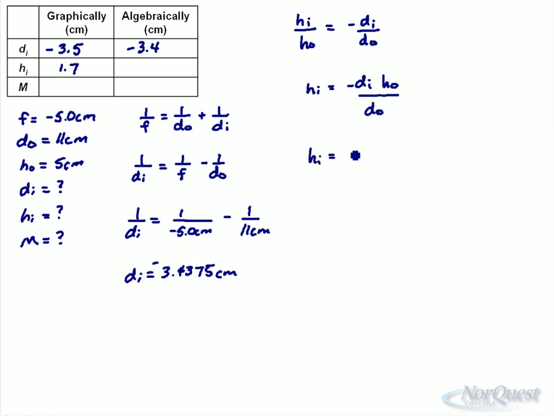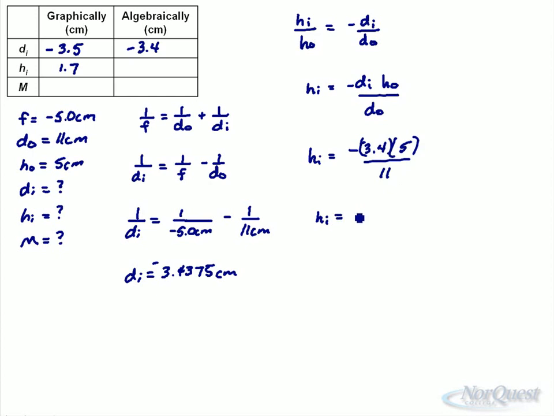Substitute negative distance of the image, which will be 3.4. Forgot my negative sign. Times HO, which will be 5 centimeters, over DO, which is 11 centimeters.